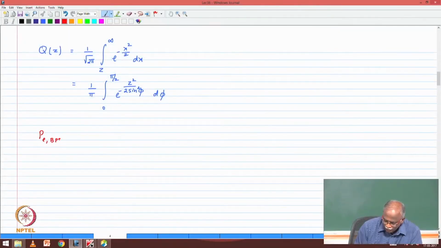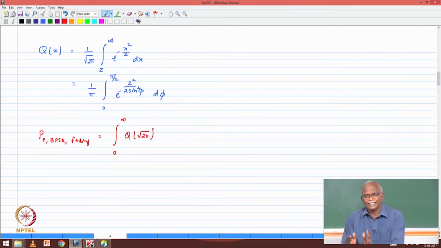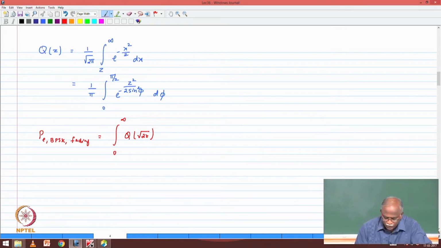Probability of error of BPSK in fading. The basic expression would be the integral from 0 to infinity of Q of root 2 gamma. You can take any function of the BER which involves Q, and we could do the same method, f gamma of gamma d gamma.